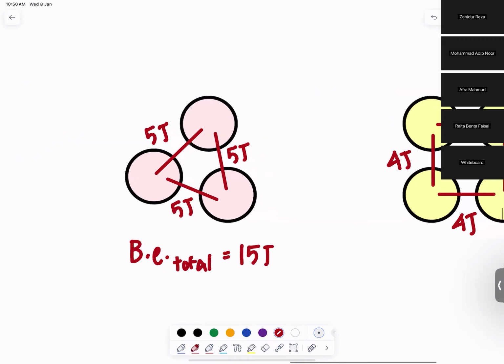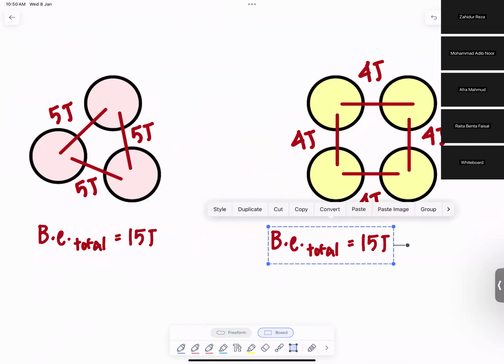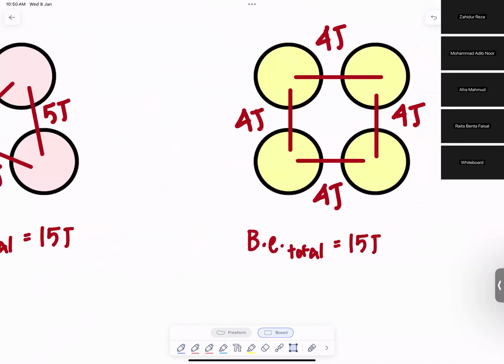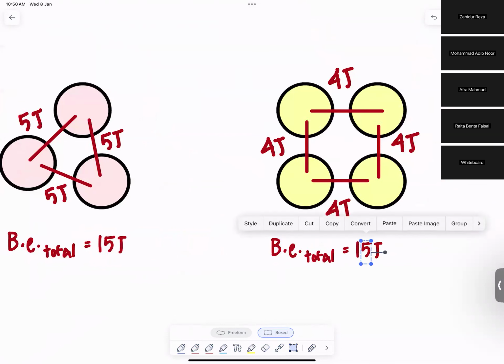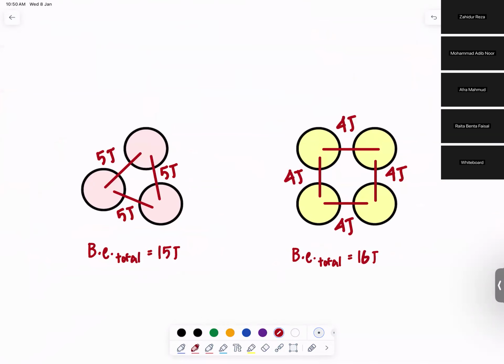But if you look at the total binding energy on this side, you'll find it is a little higher. How much is it? 16 joules, right? Do you follow what I'm trying to do here? So I have found the total binding energy for both of them. The total binding energy here is 16 and here is 15.